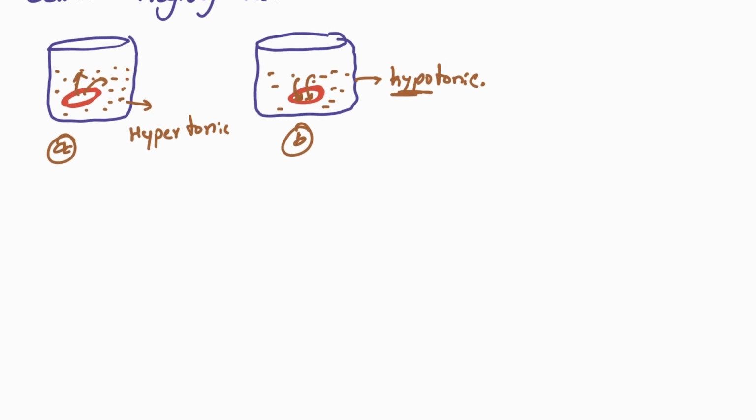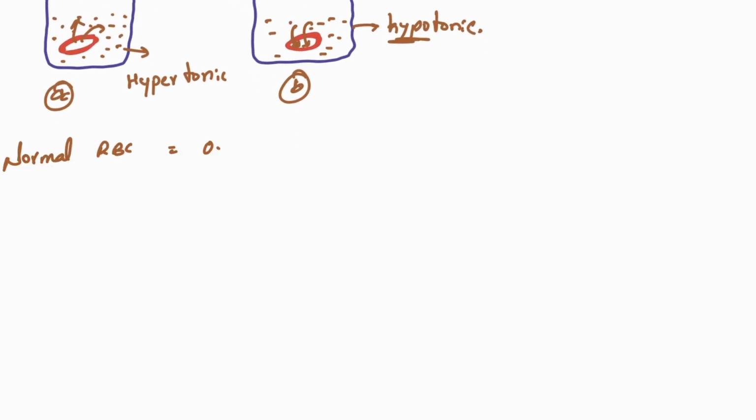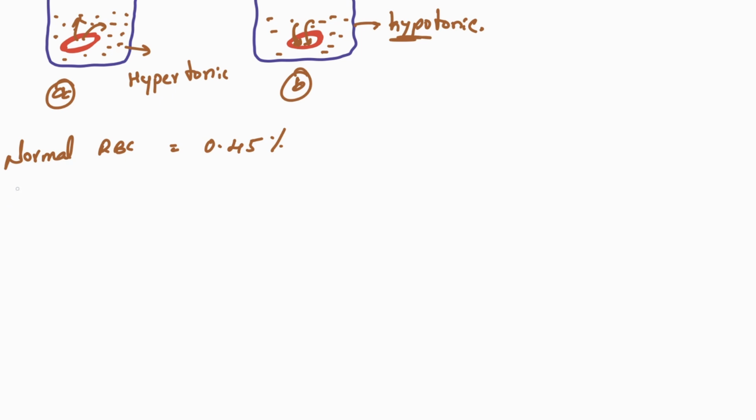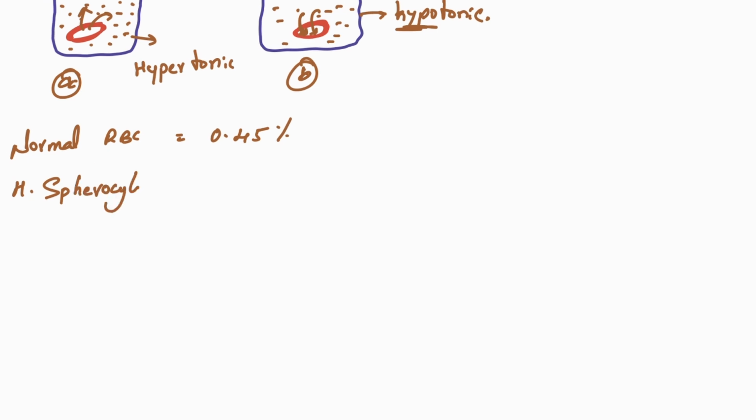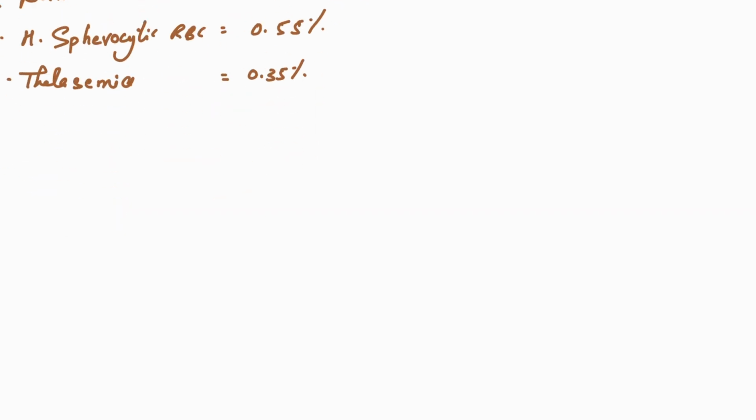Okay, so now the normal RBC will get ruptured in 0.45% of tonic solution and hereditary spherocytic RBC cells, they destroy in 0.55% of tonic solution, and in thalassemia they destroy in 0.35%.